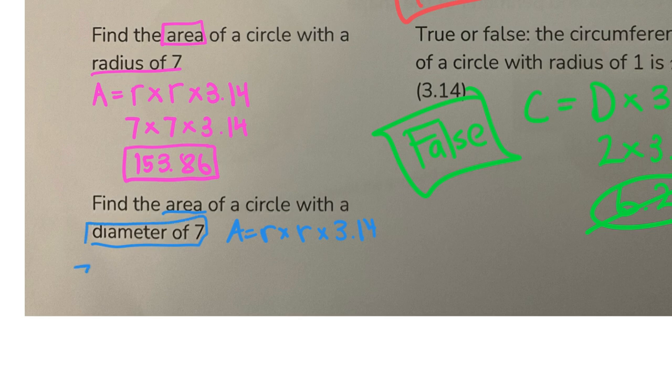So to find the radius, we just divide our diameter by 2. And we plug that into the formula. 3.5 times 3.5 times 3.14. And we get 38.465.